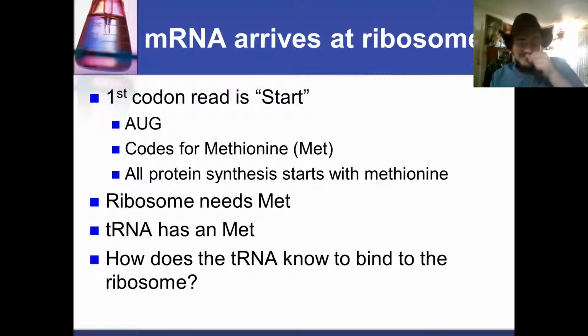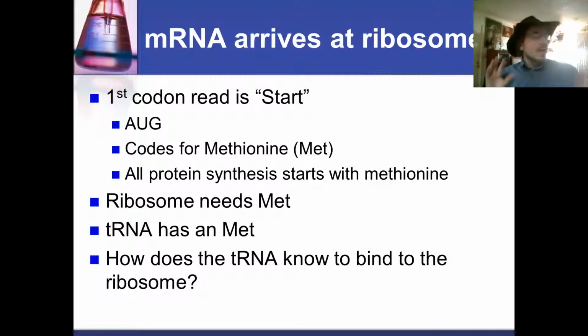Well, it's very simple. Because tRNA is made of RNA. And mRNA is made of RNA. So each of them has nucleotides. And those nucleotides have nitrogenous bases. And nitrogenous bases like to pair up in specific ways. In RNA, adenine likes to pair up with uracil, guanine to cytosine.